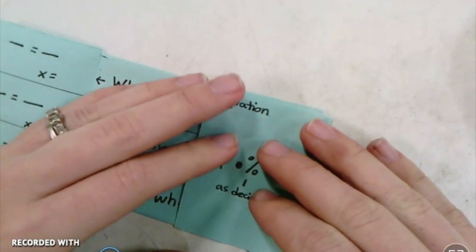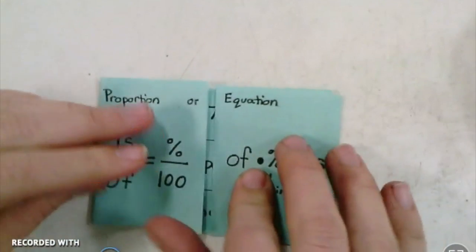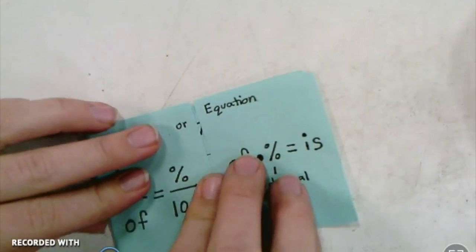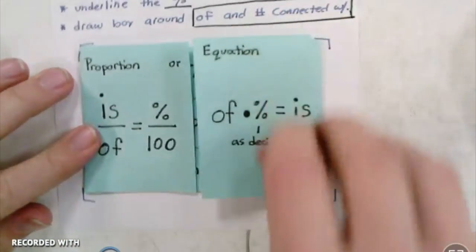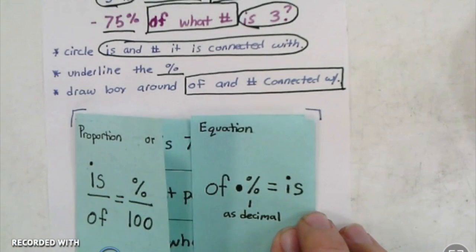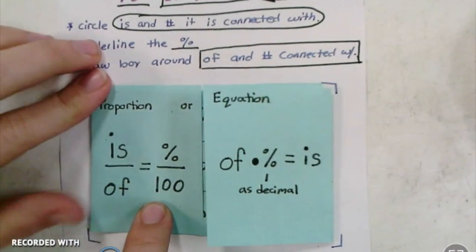And then your next step is to fold both of those sides in to make a door. So your finished foldable will look like this, and we're going to glue it right there on this sheet when we're done.